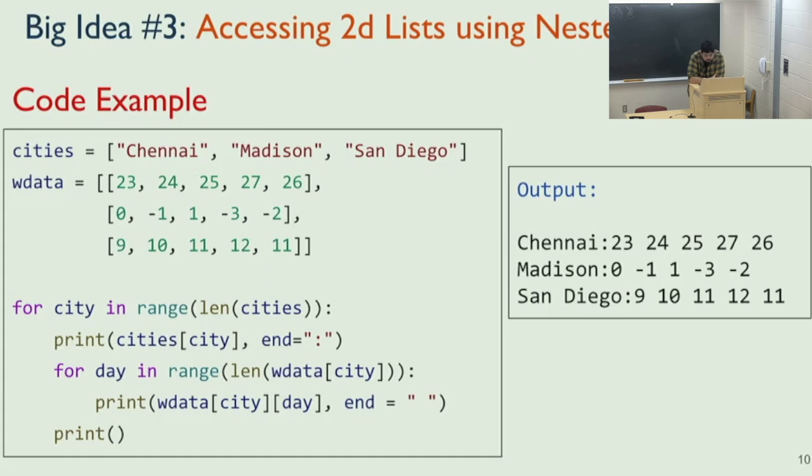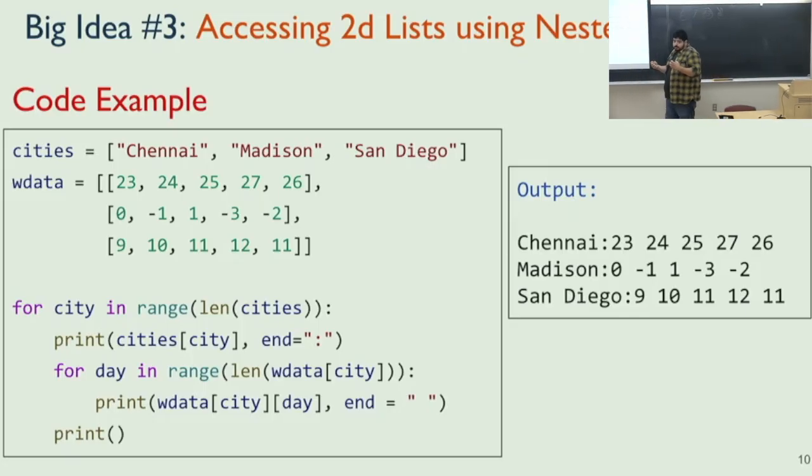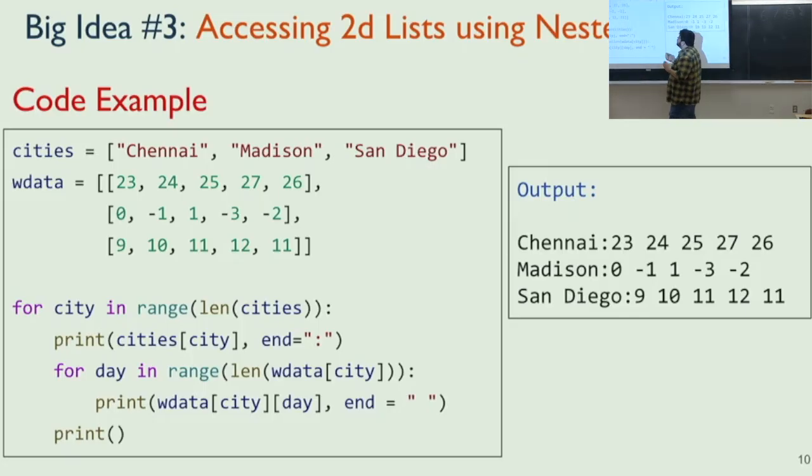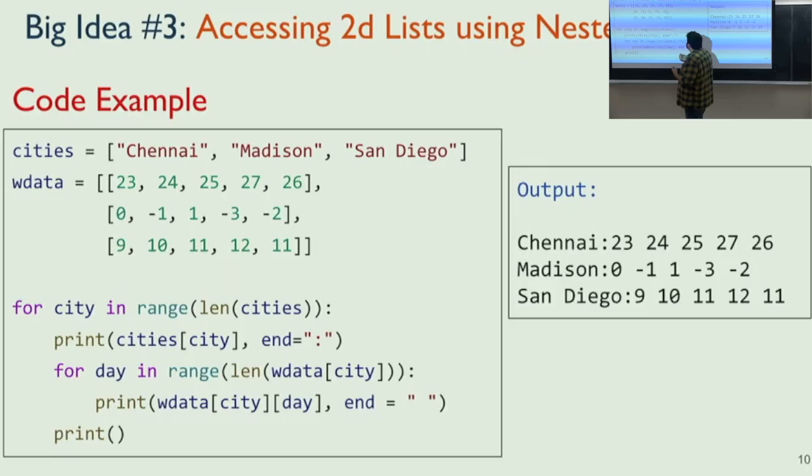Great. Now, we typically have nested for loops and 2D lists together because they work really well together, right? What we can do now is go into each one of these elements inside of every single one of these lists using a nested for loop.